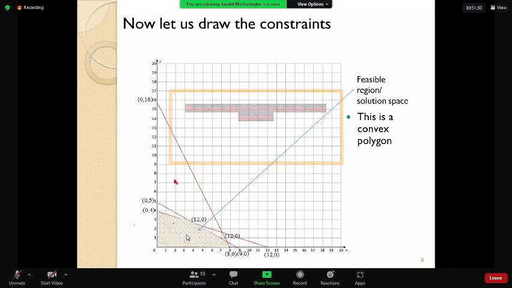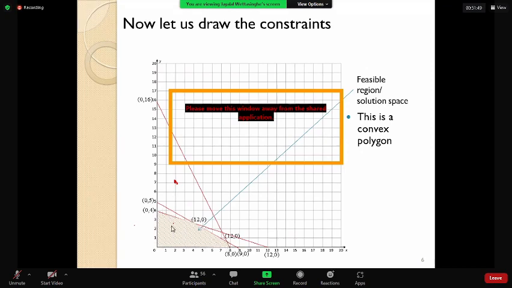Can someone tell me how many points are there in this figure? How many coordinates? Five coordinates. Five, I think you mean these corner points, but I am asking inside.